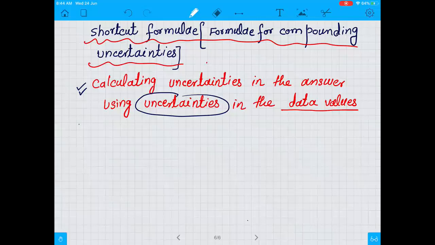Now let's start this. The first one is uncertainty in the answer of addition.